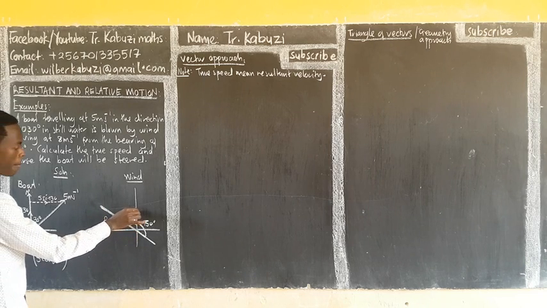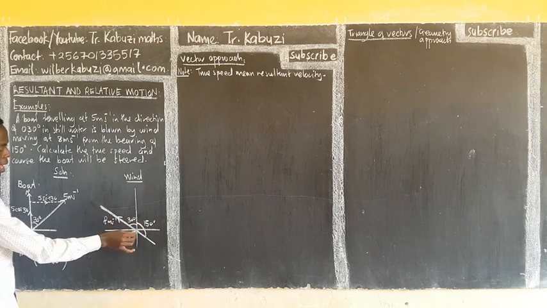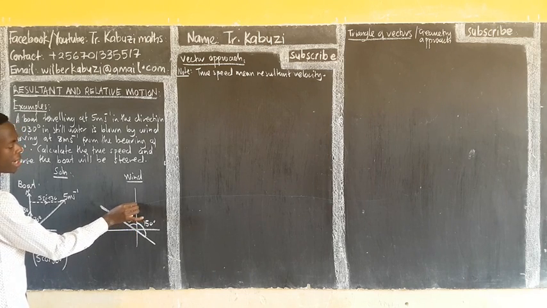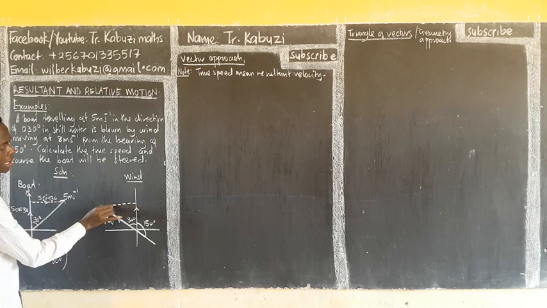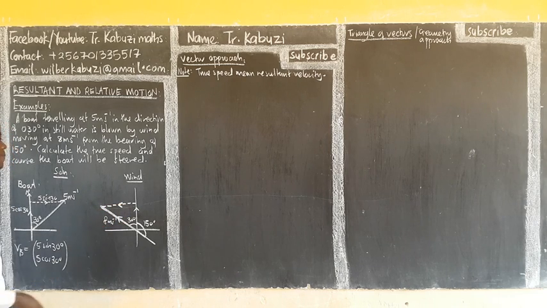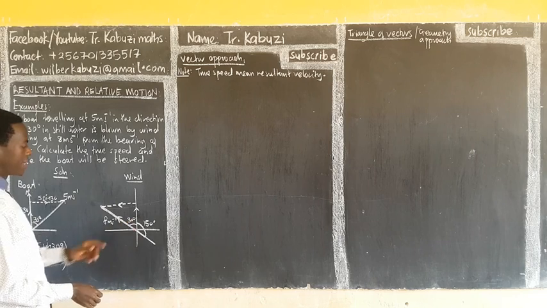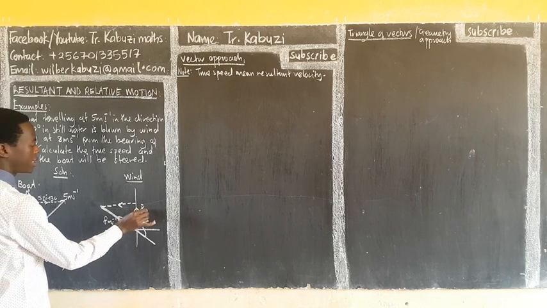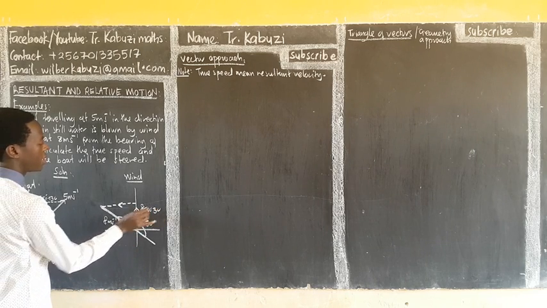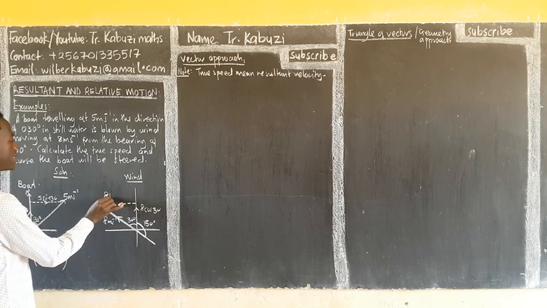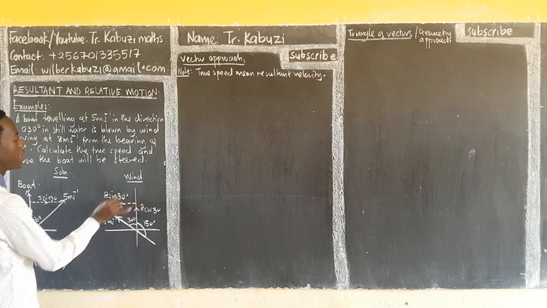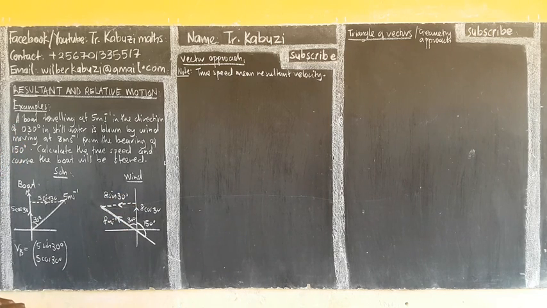So we shall come in this, so we shall go down like this, then come in this direction like that. Now this is adjacent to this angle, so this would be 8 cos 30 degrees. Then this would be 8 sin 30 degrees, because this is opposite to that angle.